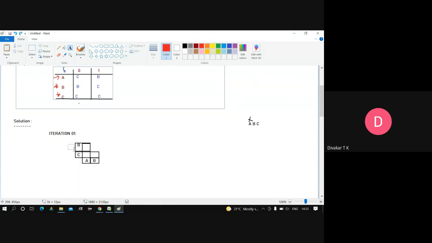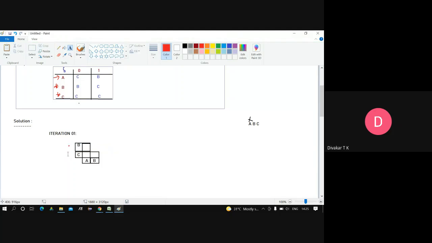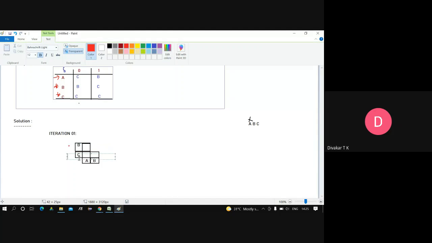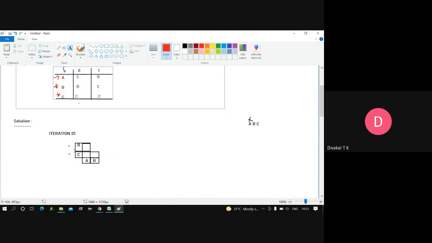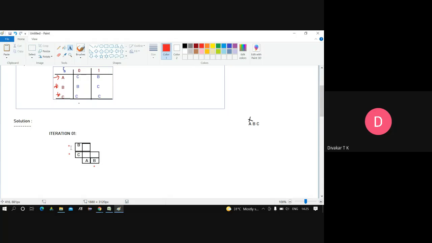It's on the keyboard. C is also a star. Both states are stars, meaning ending states. B and C are the final states. Have written star here. Got the clarity, guys?